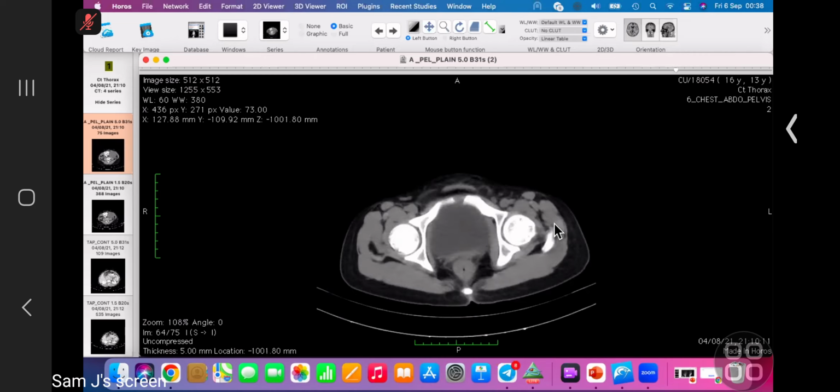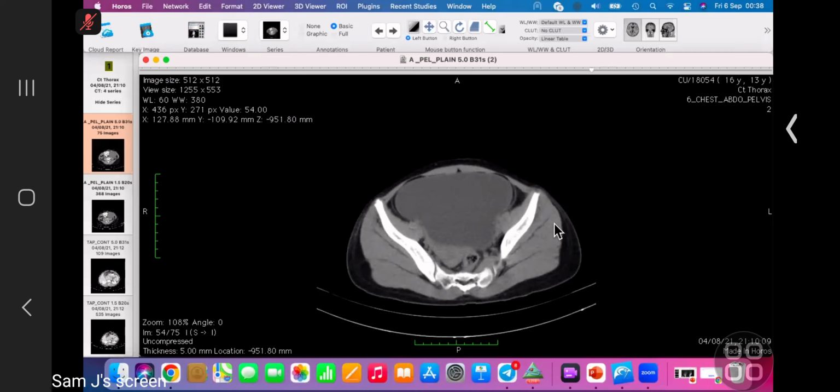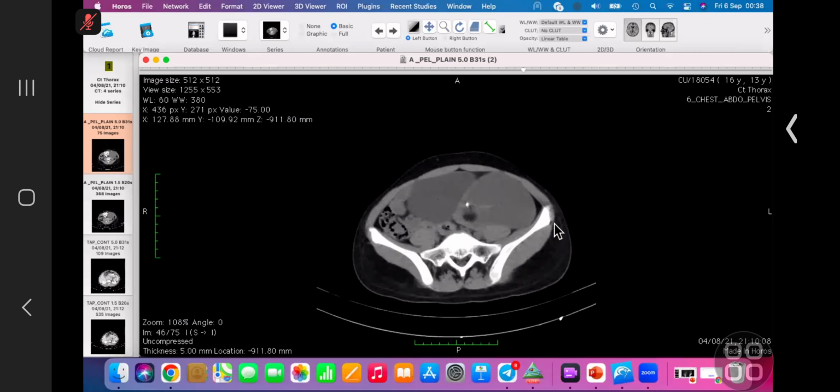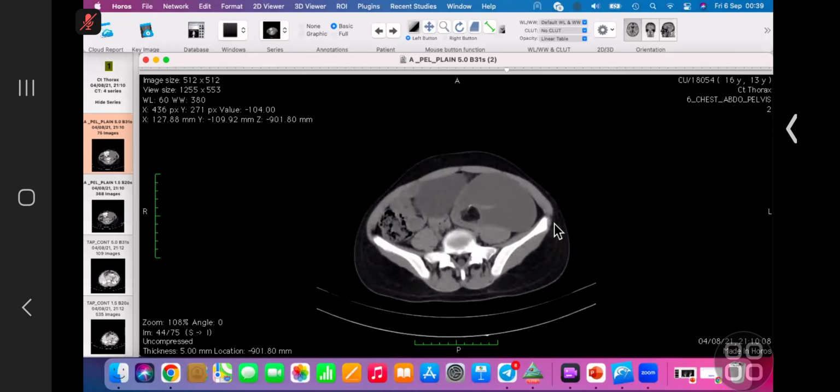Yes. So your final diagnosis is? Yeah, pelvic dermoid cyst. Yeah. So why are you saying dermoid cyst? Because of the fatty component and calcified foci, and because this is a female patient, young in age, and presented with abdominal pain.